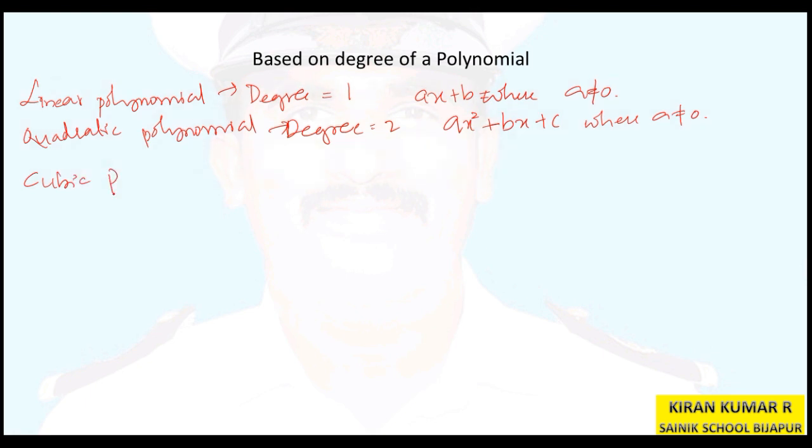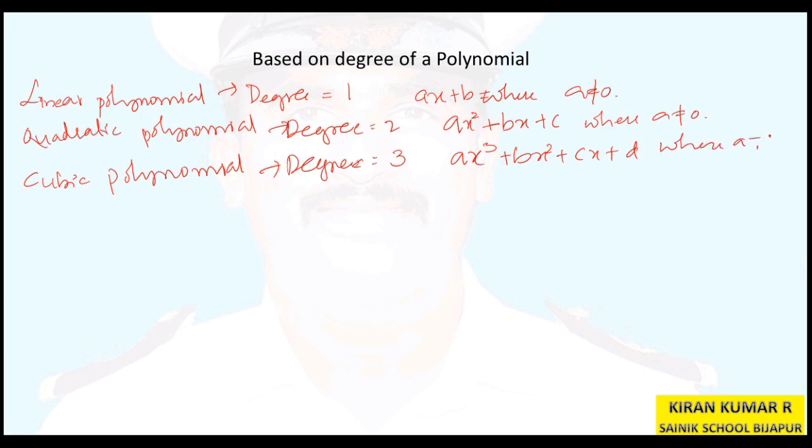The next category is cubic polynomial, where the degree is 3. General form is ax cube plus bx square plus cx plus d, where a is non-zero.